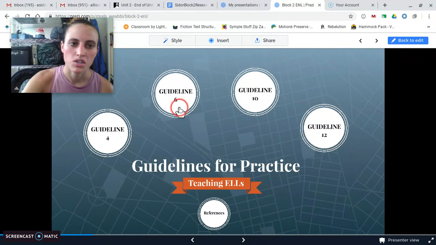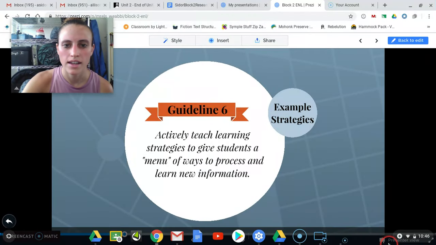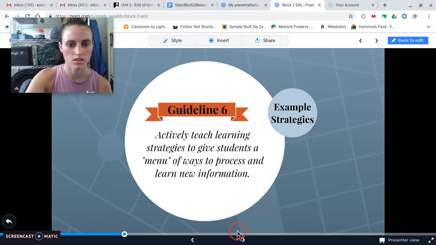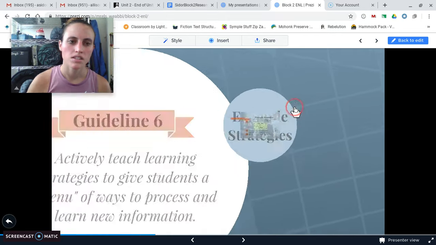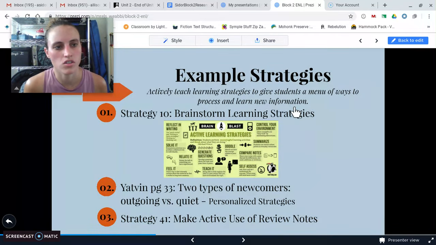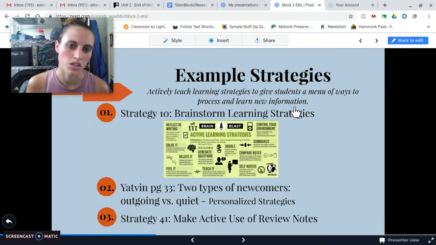I also looked at guideline number 6. Guideline number 6 says actively teach learning strategies to give students a menu of ways to process and learn new information. Some of the example strategies I had: the first one wasn't necessarily from the teacher talk and classroom routine section. It was from a bit earlier, but it said to brainstorm learning strategies.